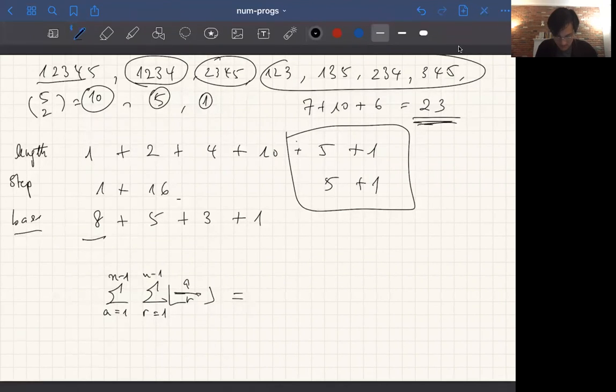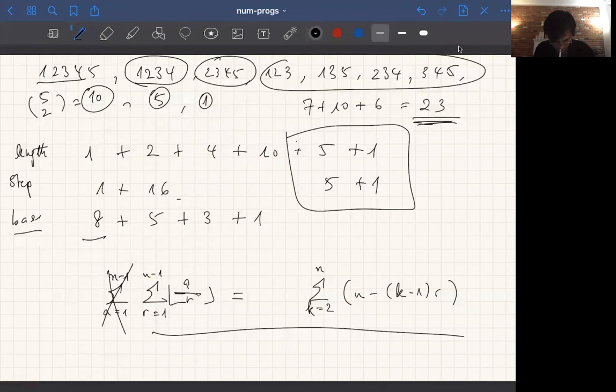This is supposed to be the same as what k equals 2 to n of n minus k minus 1 r. This thing. So taking that out, that's supposed to be the same for a given n. That I'm still not so sure about.